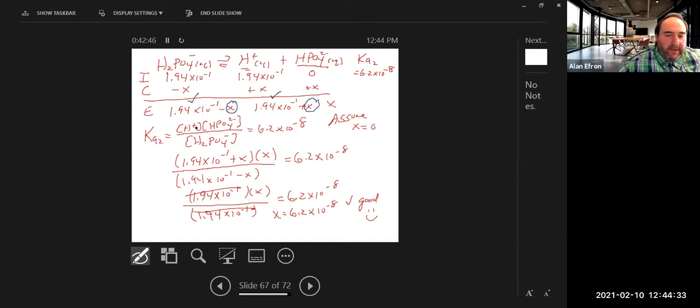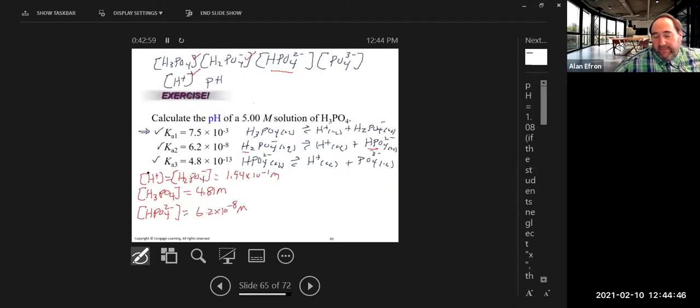So if you take 1.94 times 10 to the minus 1 and add 6.2 times 10 to the minus 8, you pretty much end up with the same. And same thing here. So it won't change by putting it in there, which means our concentrations that we got from our first step are still good for these guys. Any questions on that? So that takes care of this guy in terms of the concentration.